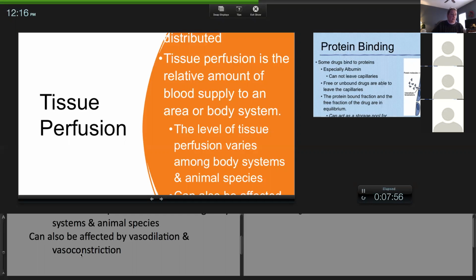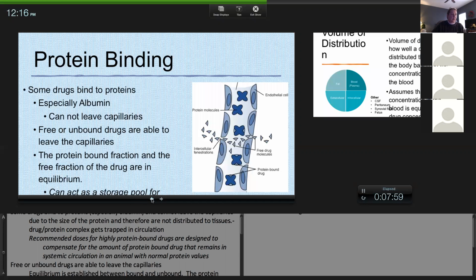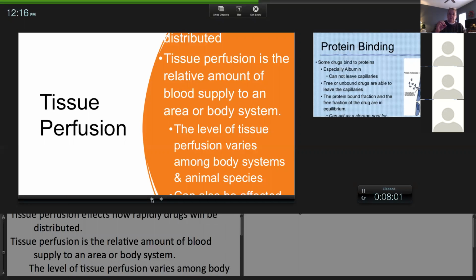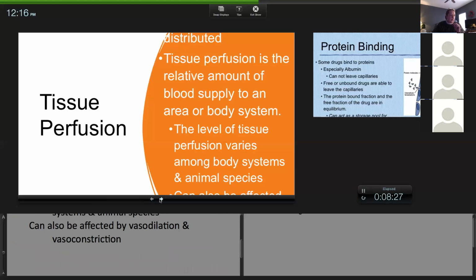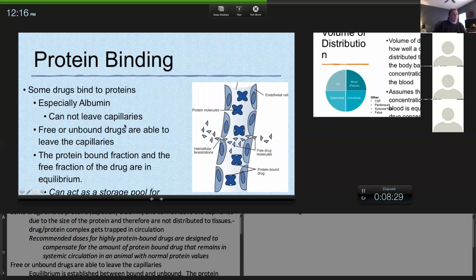Conversely, when you have vasoconstriction, like when you give dextromethorphan, if you look at their gum color and feel a peripheral pulse, sometimes it's harder to feel a pulse. Sometimes they're a little more pale because those vessels are vasoconstricted. You still have blood flow, but it's going to alter the flow to that area and how drugs could be absorbed. So, the protein binding, like I said, I like to talk about this.